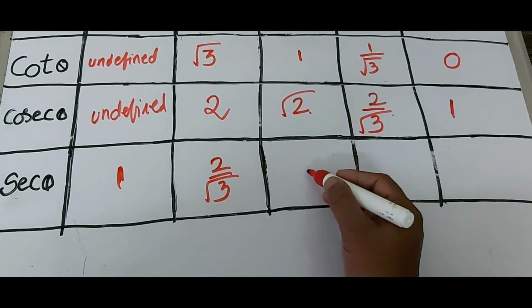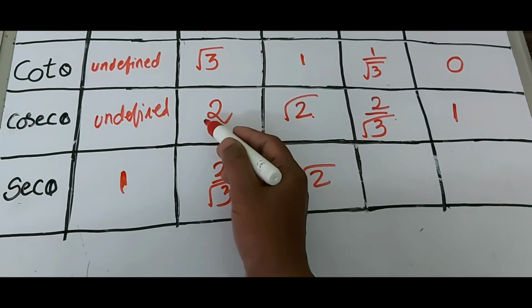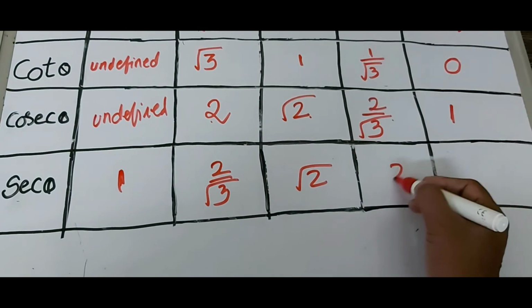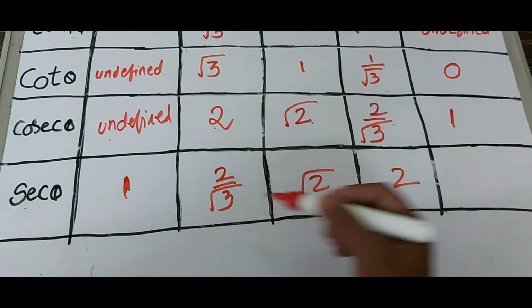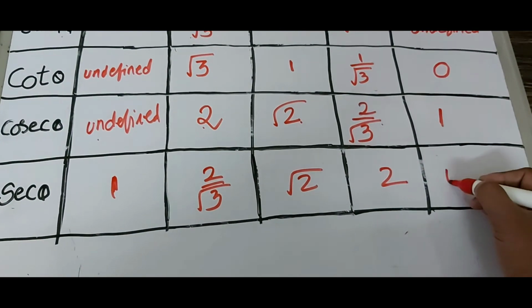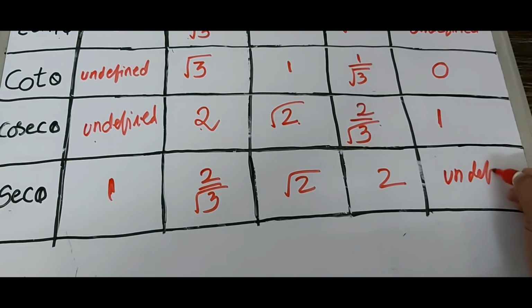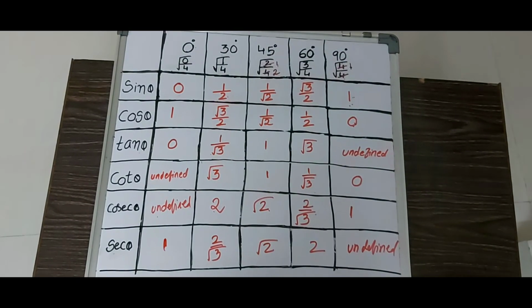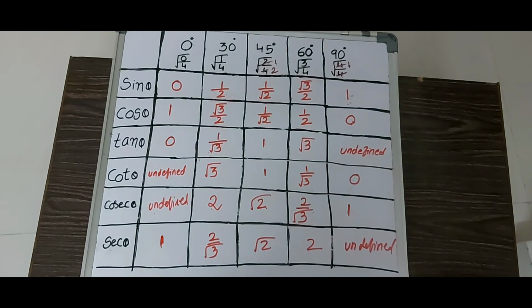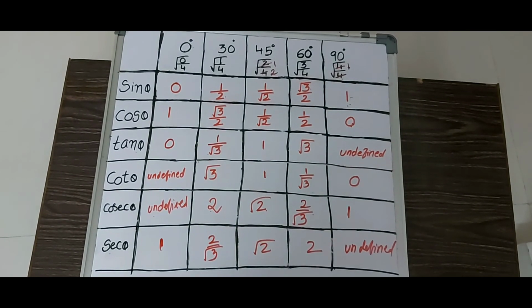Root 2 will come here. 2 will be written over here. And finally, undefined will be written at the end. So in this way, we can write the values of all trigonometric functions.